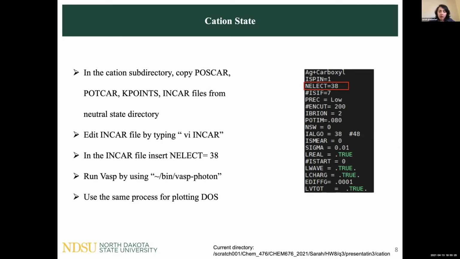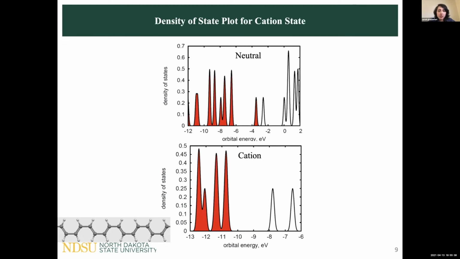After saving the INCAR file, again we run VASP and use the same process I explained for the anion state, and plot the density of states for the cation. You can see the neutral and the cation density of states at the top and below, and you can see that for the cation we have fewer occupied orbitals.